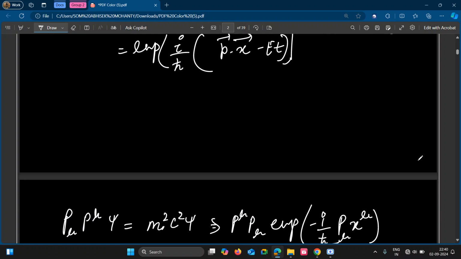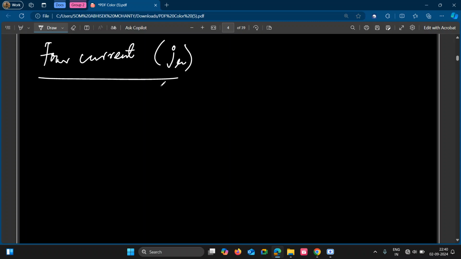Next we will derive the four-current, called J mu, the current density. Again, if I write the equation, p mu p mu minus m naught square c square psi is equal to 0.